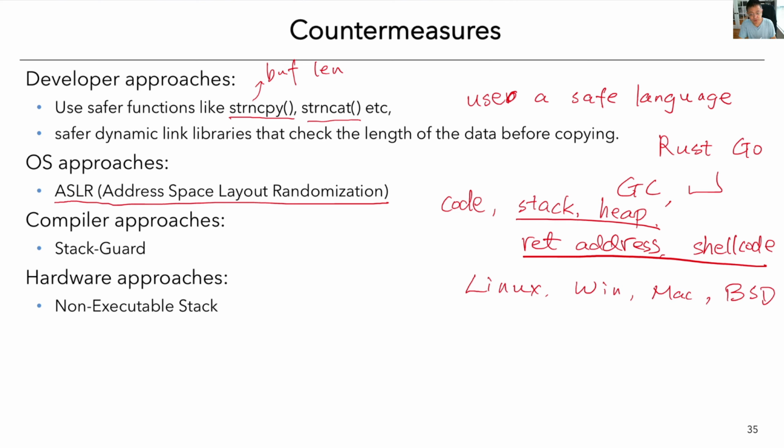Every time you build your new program, you can tell the compiler to insert something called an inline reference monitor, which are small pieces of code inserted into your program to enforce some kind of security policy.